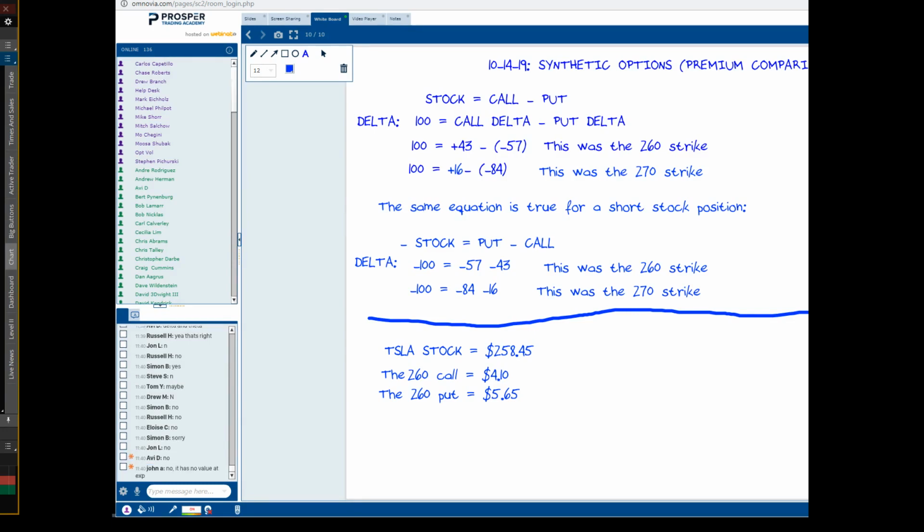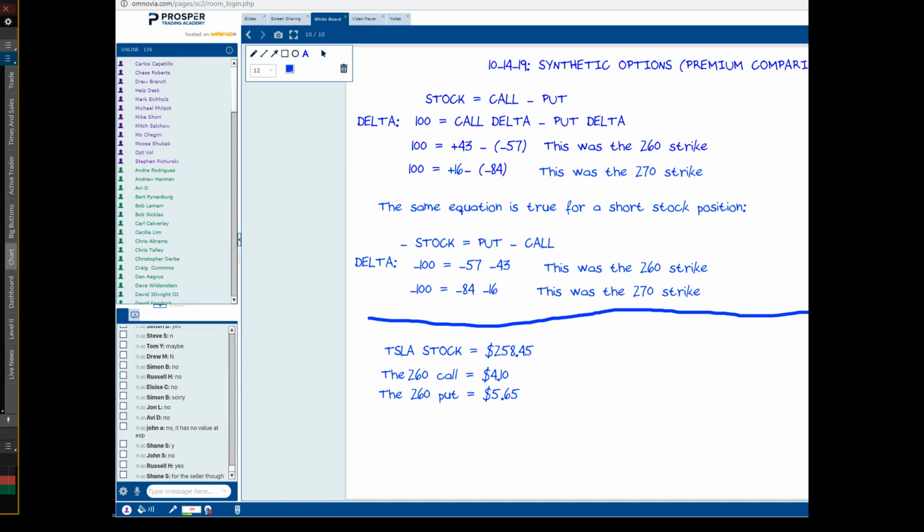Okay, what does it mean? There you go, John A. Right? It's out of the money. So it would have no value at expiration, right? The 260 call is out of the money. So it's worthless at expiration.